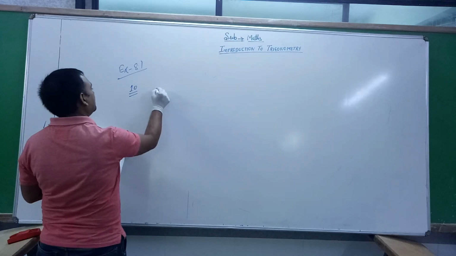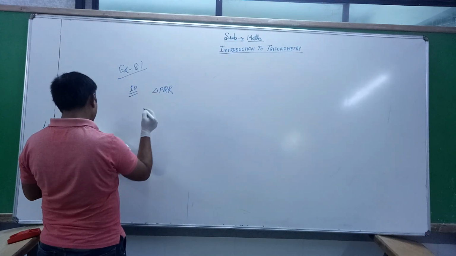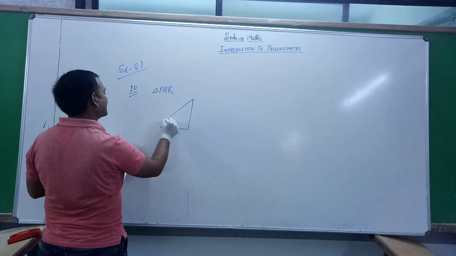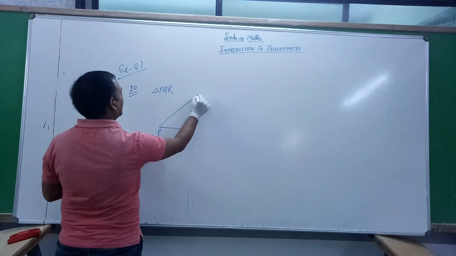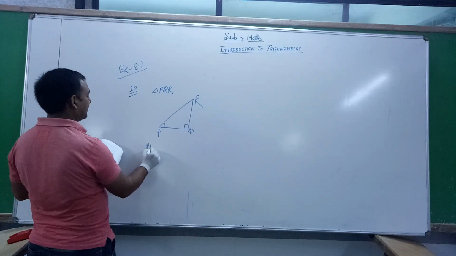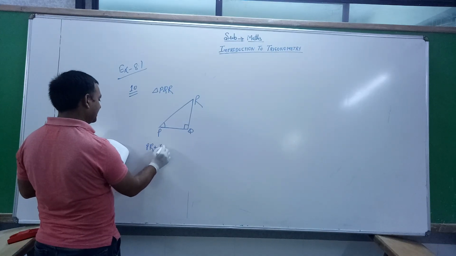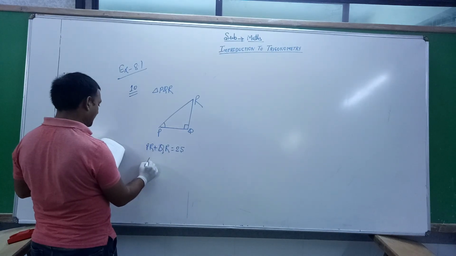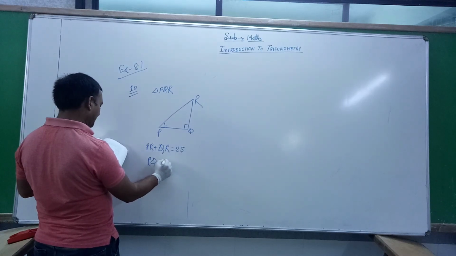In triangle PQR, the right angle is at the point Q. This is PQR, and here PR plus QR is equal to 25, PQ is equal to 5.